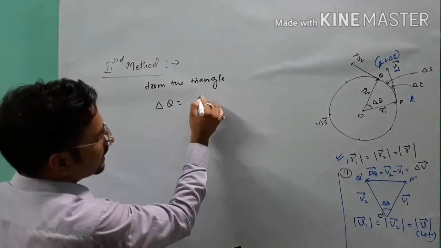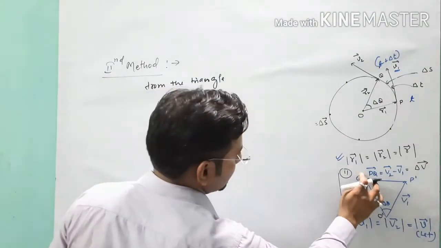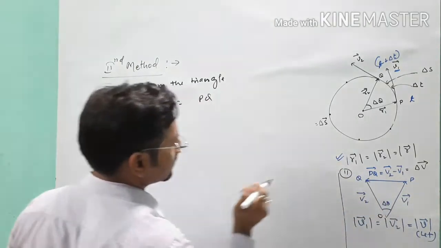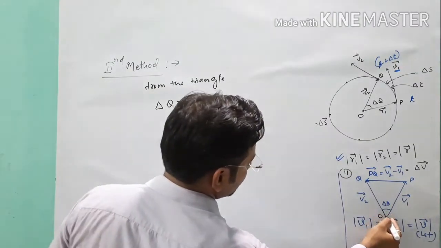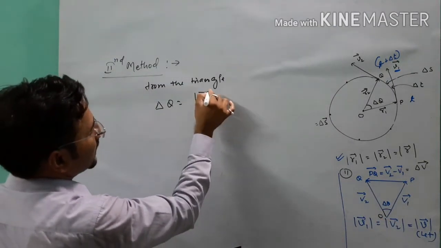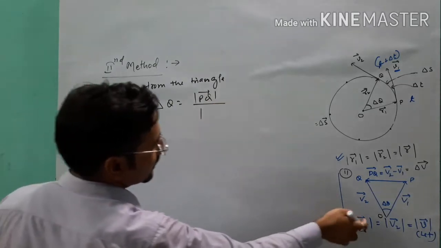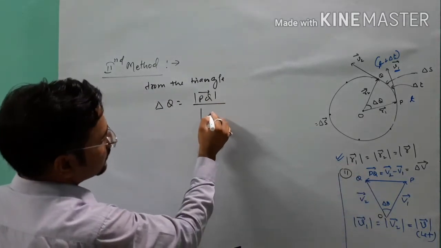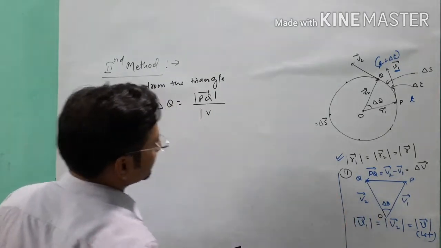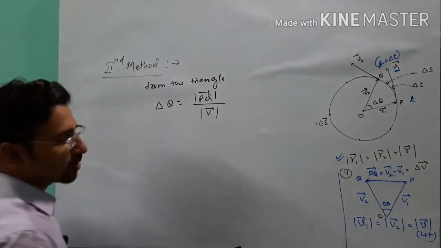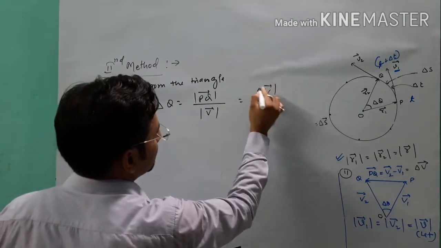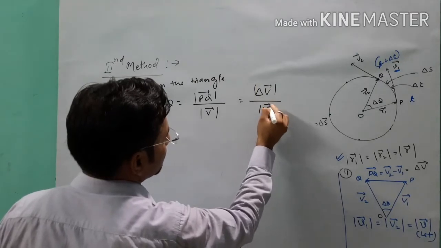So I can write here directly, suppose OPQ is a triangle. Here the magnitude of PQ, once again I will write, is a value which is supposed to be V2, V1, and both of them in magnitude are equal, represented by mod of P vector. So this PQ is equal to mod of delta V over delta V.